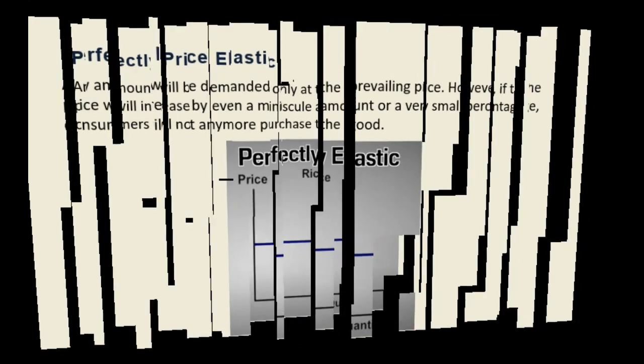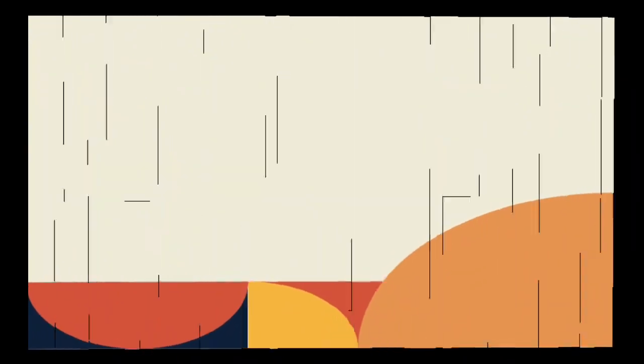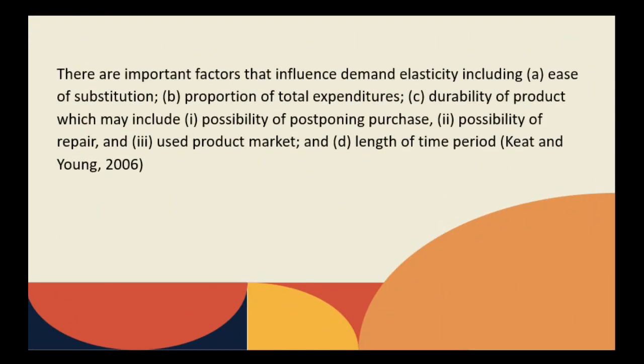And so, what determines elasticity? There are important factors that influence demand elasticity, including ease of substitution, proportion of total expenditures, and durability of product, which may include possibility of postponing purchase, possibility of repair, and used product market, including length of time period.